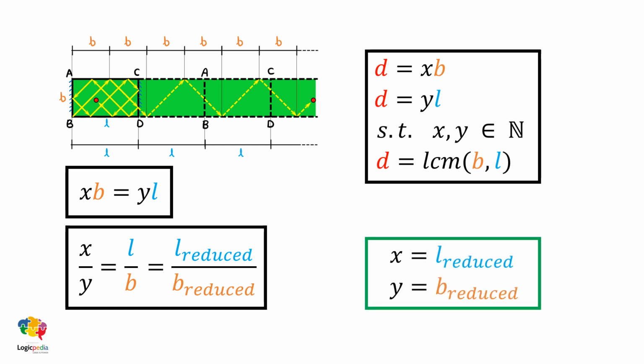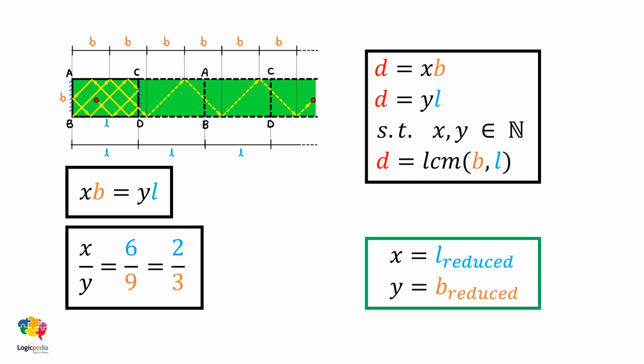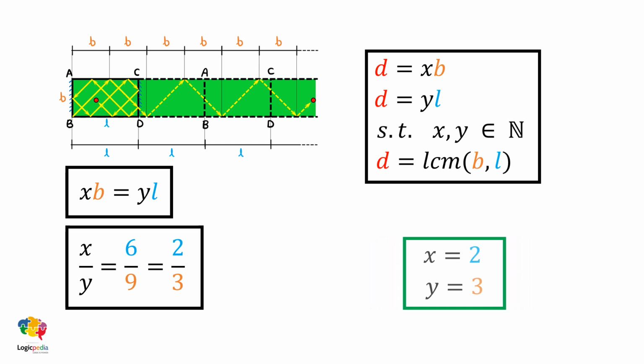And so finally we end up getting x equals L reduced and y equals b reduced. To understand this, let us consider L equals 6 and b equals 9. And so we end up reducing 6 by 9 to 2 by 3. And finally we end up getting x equals 2 and y equals 3.